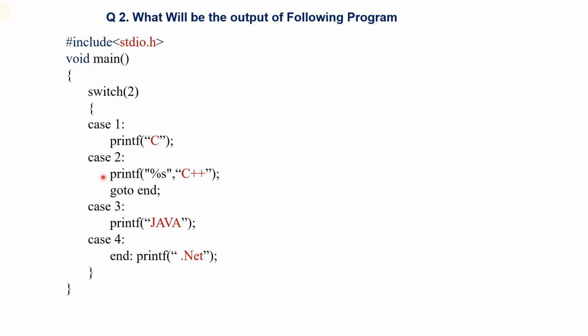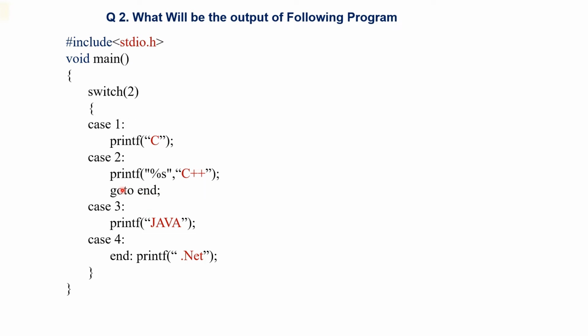So here therefore with this statement C++ will be displayed on the screen. And here you must notice that instead of break statement, here goto statement is used. So we can use goto statement instead of break. So therefore with this goto statement control will be transferred to the statement having the label end.